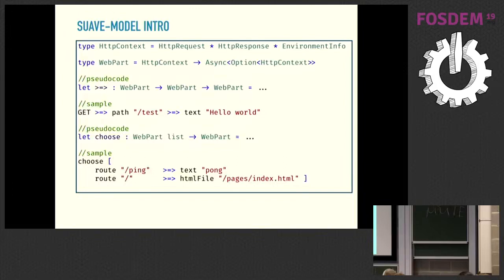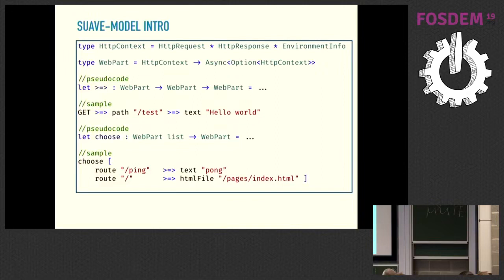Let's write hello world to the content of the response. So here is a really simple example. Firstly, we check if the request is GET. Then we check if it was on the /test path. And then if that was all true, then we put hello world in the content and return to the user. So that's one function, really important.